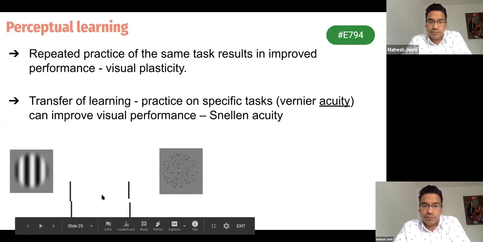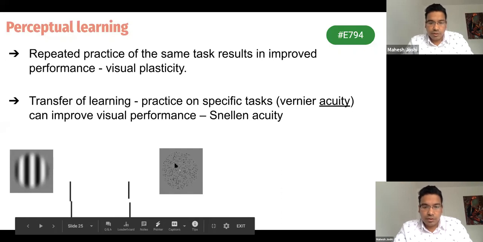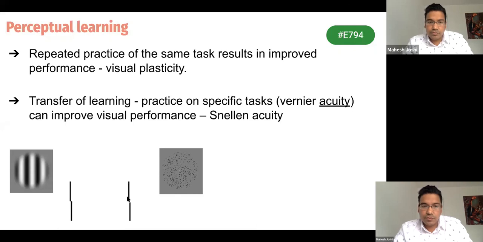Once you perform these tasks repeatedly, over sometimes more than 1,000 trials, your ability to do this function improves. So your ability to detect right or left motion improves, your hyperacuity also improves, and so on and so forth.